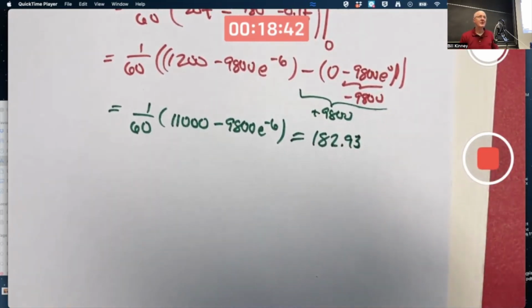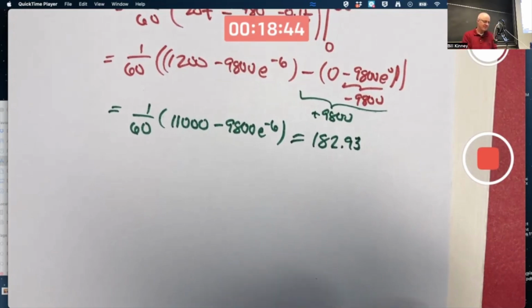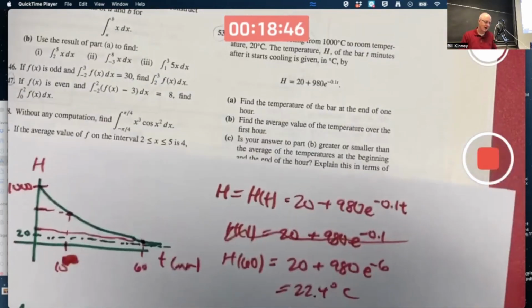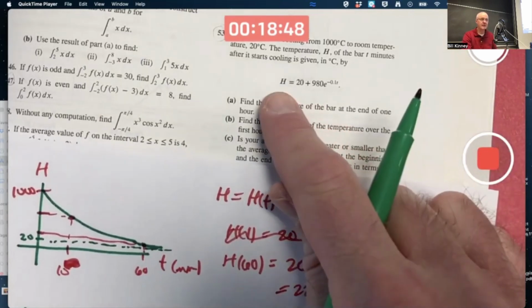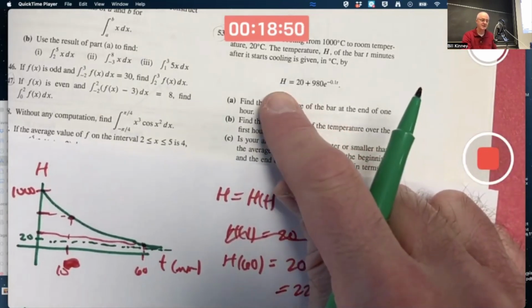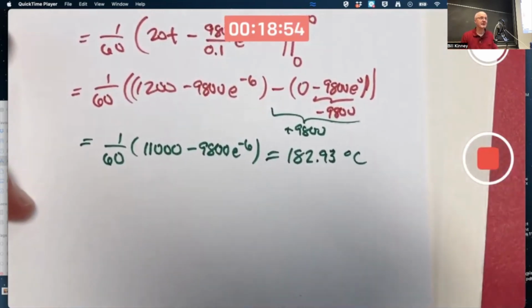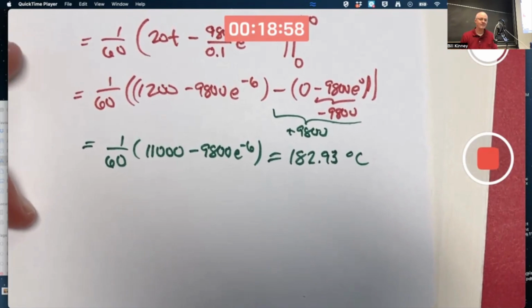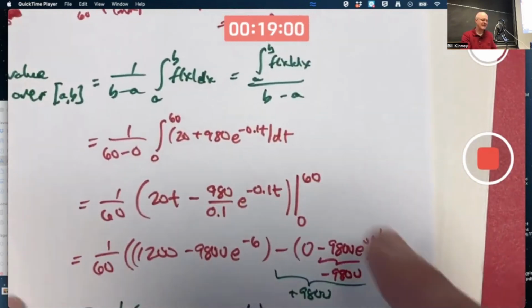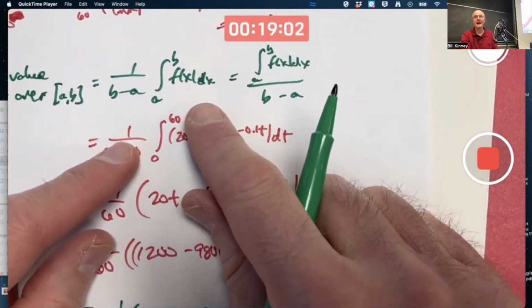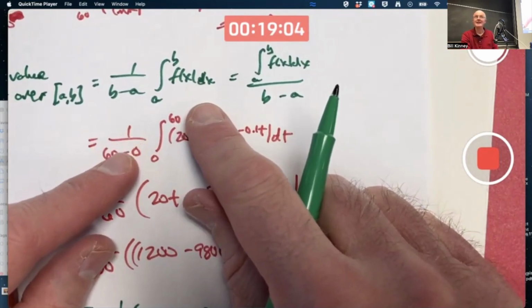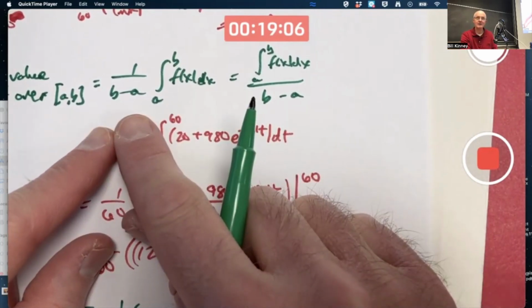It's got units. The units are the same as the units for the dependent variable, h, degrees Celsius. It's an average temperature. It's got to be in degrees Celsius. Does that make sense based on how I talked about units for integrals last time? Yes, if you also take into account the units for the fraction.